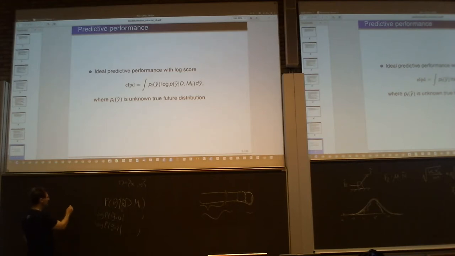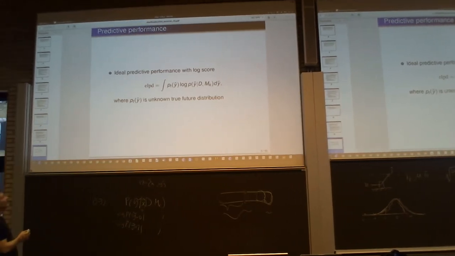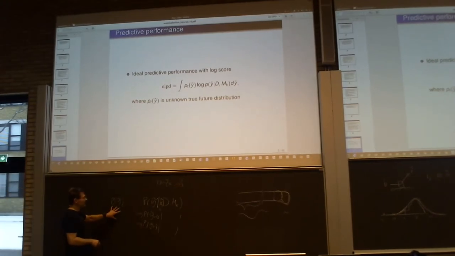And in this case, there's the p_t, which is something that we don't really know, which is the kind of true future distribution, but which is not in real life available for us. But still, if we would know this, then we can integrate over uncertainty about the future distribution. So let's say in this case, probability of not dying 0.7, probability of dying 0.3, and then the log score would be this one plus this one.